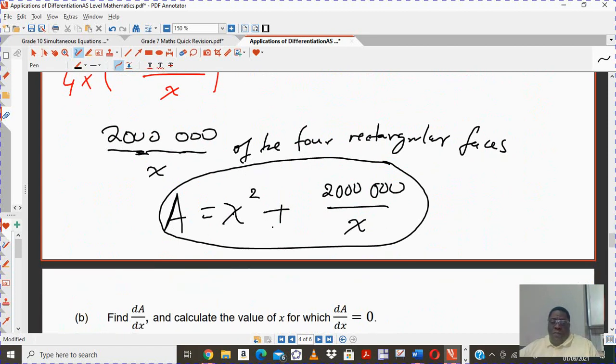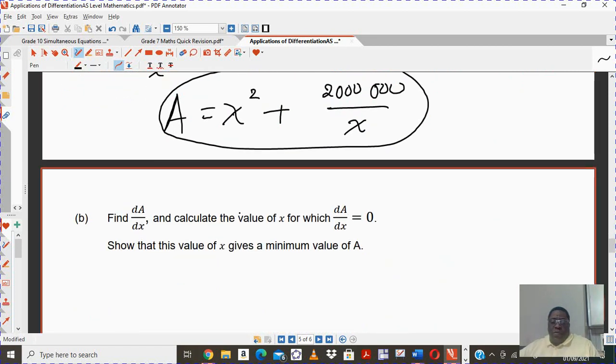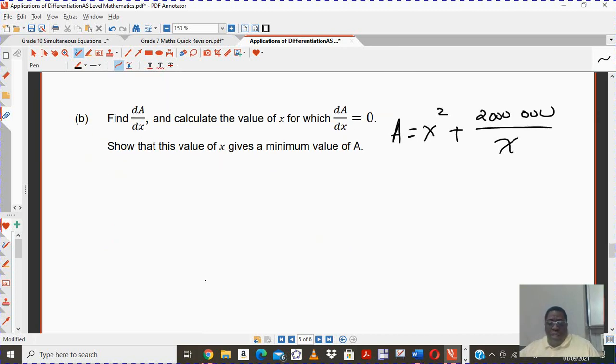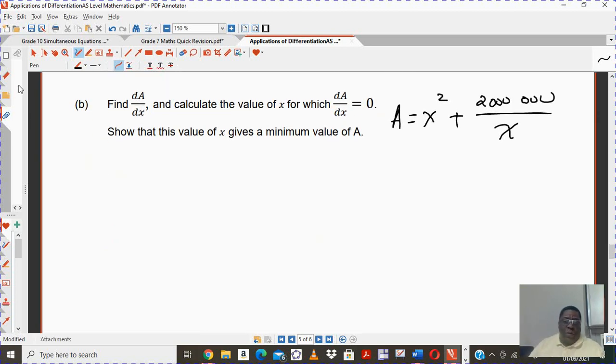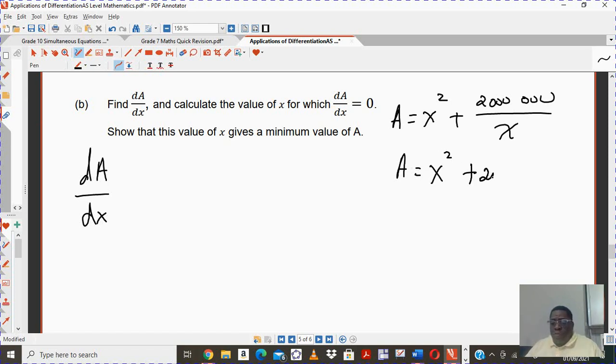Now they are saying we're supposed to find the derivative, dA/dx. So let me quickly write that here. I'm running out of space. So A equals x squared plus 2 million over x. To find dA/dx, let's rewrite this as x squared plus 2 million x raised to negative 1.